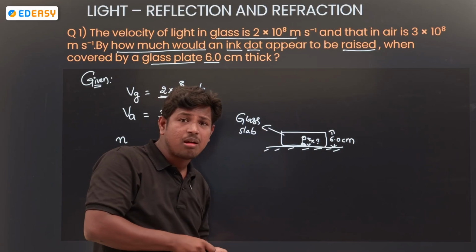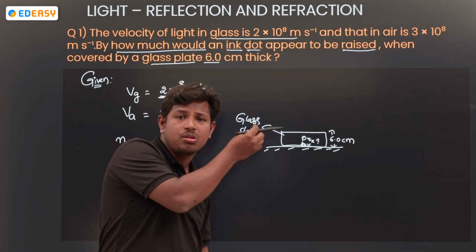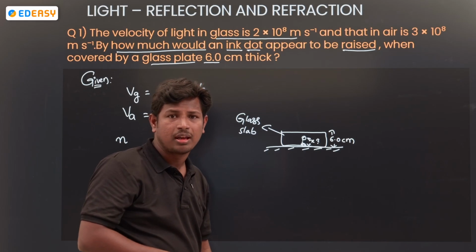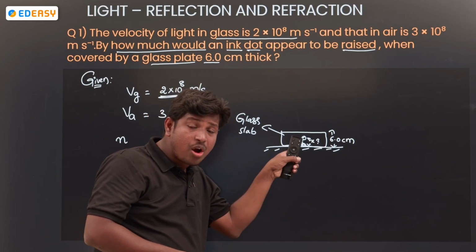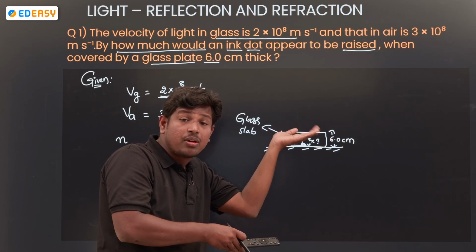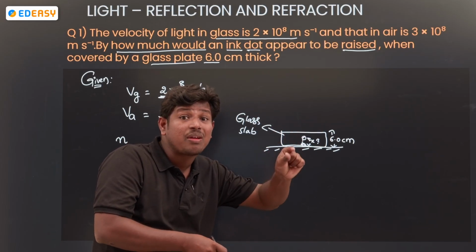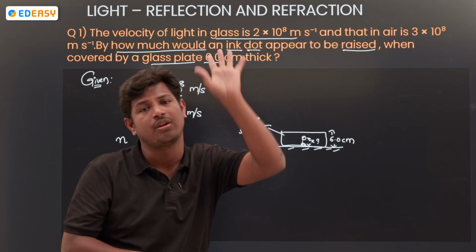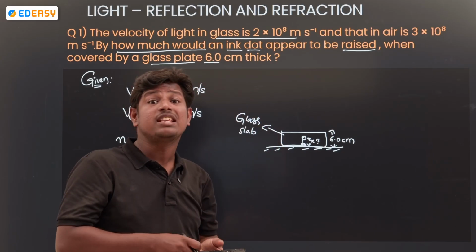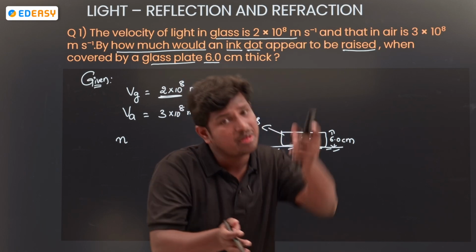If there is no glass slab, the ink dot would appear at its actual distance from the person. But when using a glass slab, the ink dot appears raised because of the glass slab. So you need to find the refractive index of the glass slab, because how much it rises or falls depends on the refractive index.